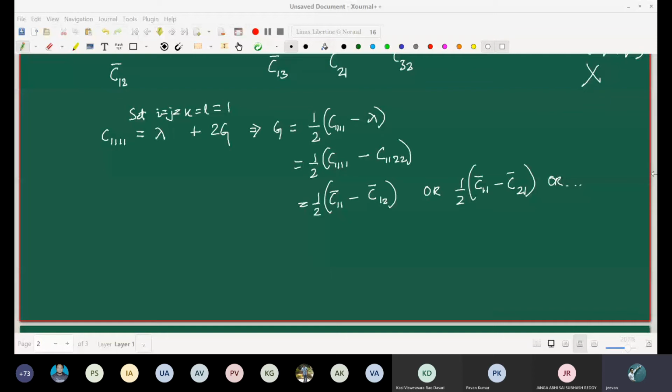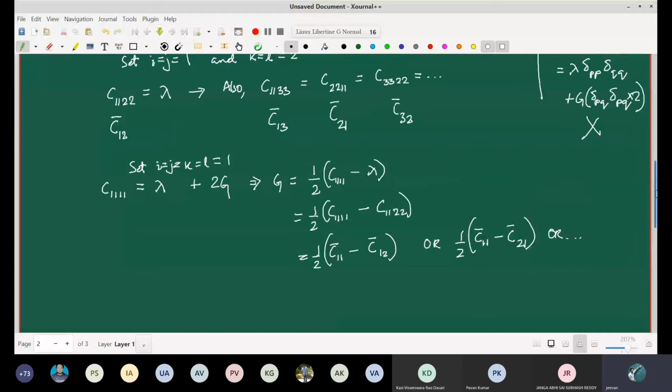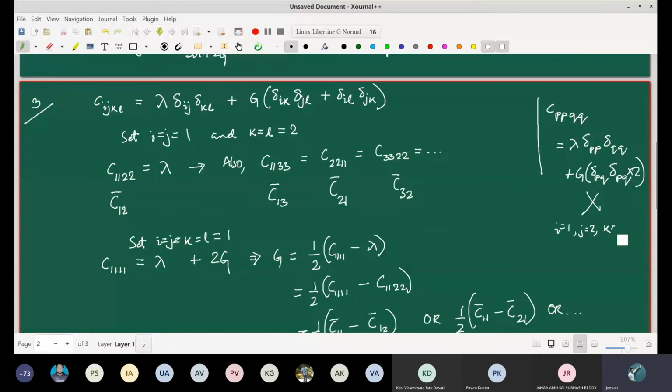Arivoli is saying we can have C1221 equal to G. Let's see. So 1221, with i equal to 1, j equal to 2, k equal to 2, l equal to 1, will certainly eliminate the lambda term. There is no doubt about it.